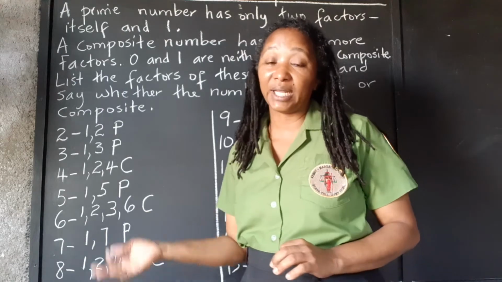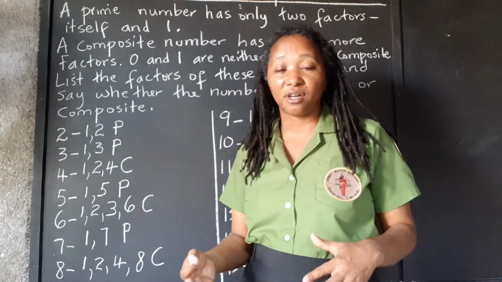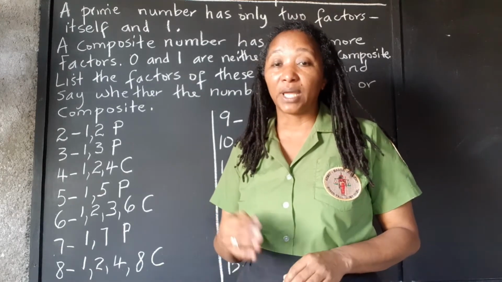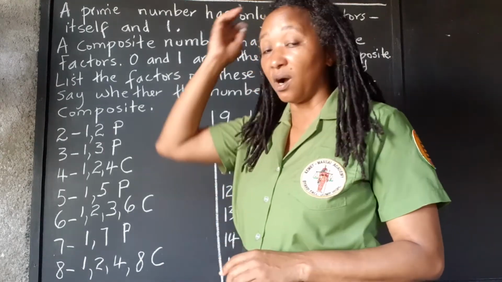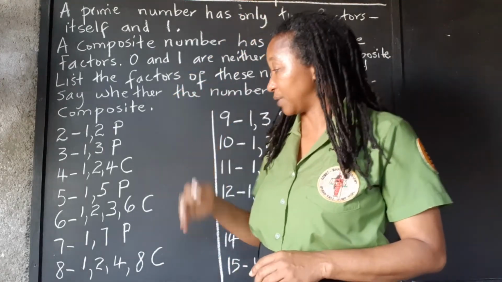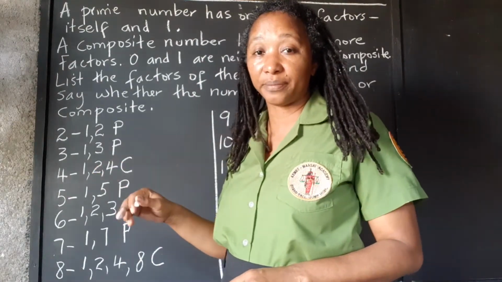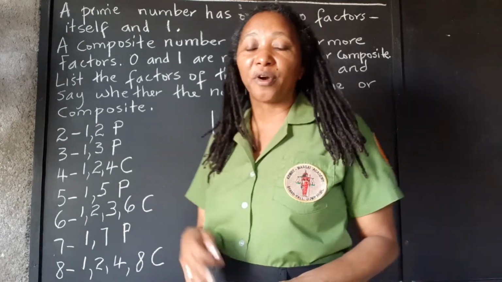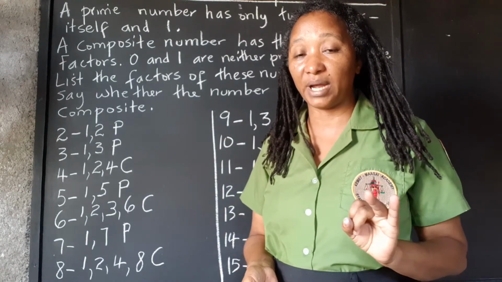Right, so we did a video on odd numbers. If you're not yet versed on how to identify odd and even numbers, you can go ahead and look at that video. We did a video on even numbers, odd numbers, right? So most prime numbers are odd, because if the number is even, it means that 2 can go exactly into it, right?